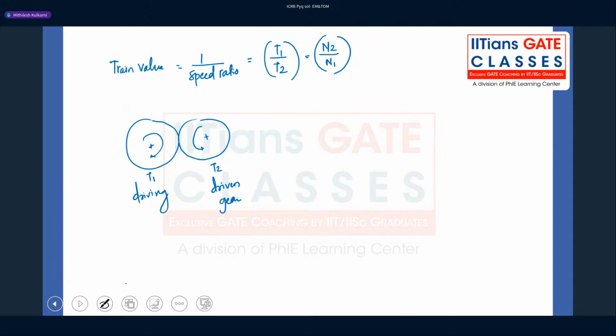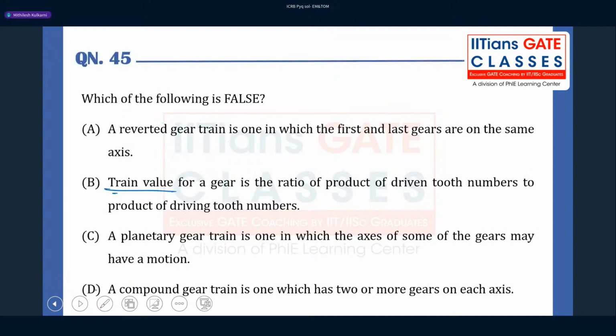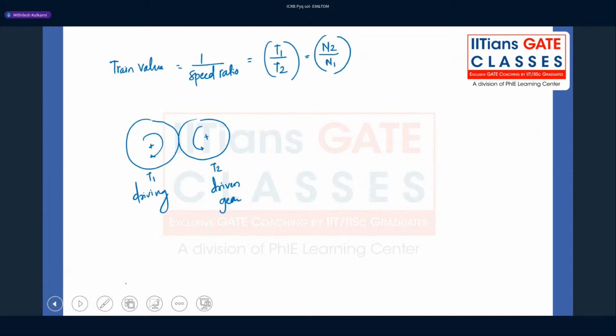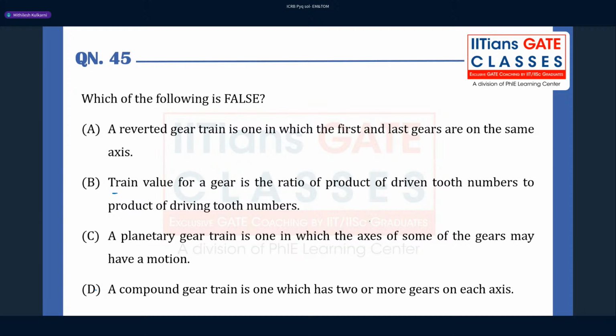So in this case, this would have been a correct statement if they had mentioned the driving tooth numbers to the driven tooth numbers, T1 being the driving. However, they have mentioned it as driven tooth numbers to the product of driving tooth numbers. Hence, this is the incorrect option out of the given.